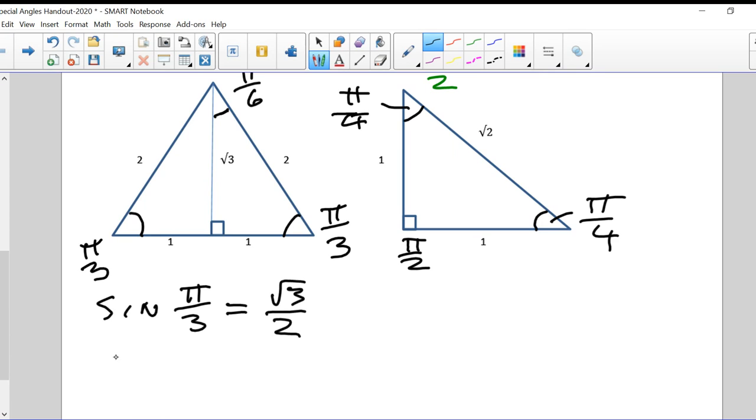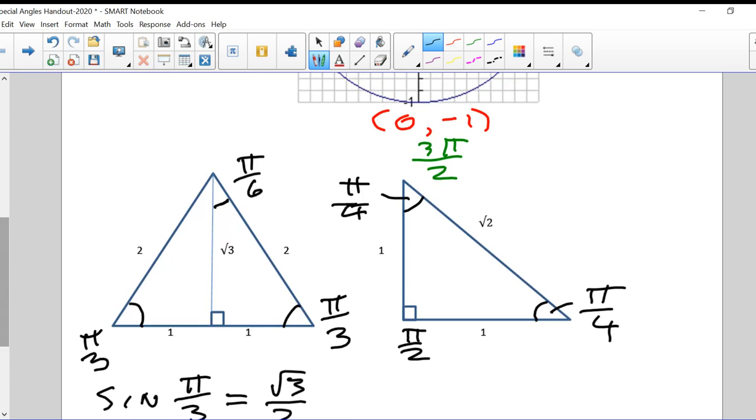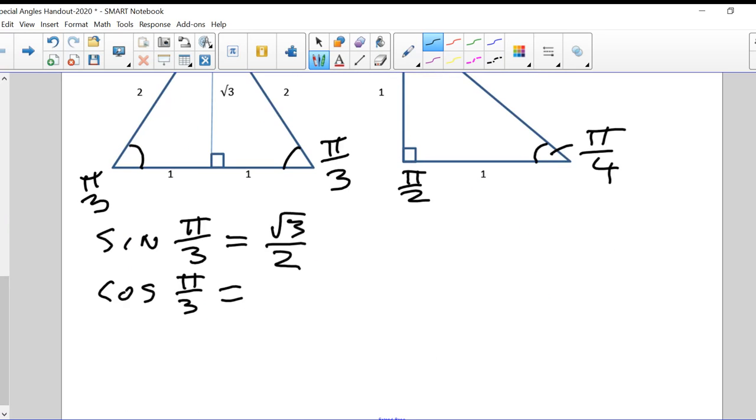The cosine of pi over 3, let's go back and think about cosines. Adjacent over hypotenuse. Adjacent to this is 1. The hypotenuse is 2. So the cosine of pi over 3 is 1 over 2. The tangent is opposite over adjacent.